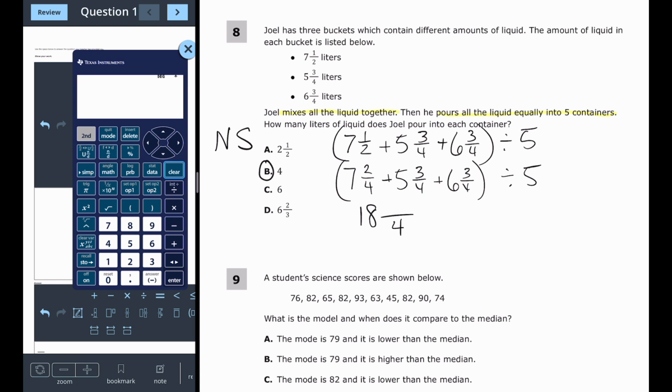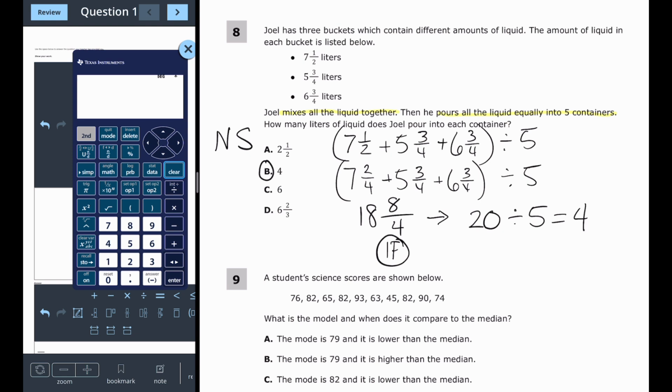And then I have 2 plus 3 plus 3 is 8. Okay? I can change that because that's an improper fraction. We can't have that. And I know 8/4 is equal to 2. So I'm going to just rewrite this as 20. So 20 divided by 5 is 4.